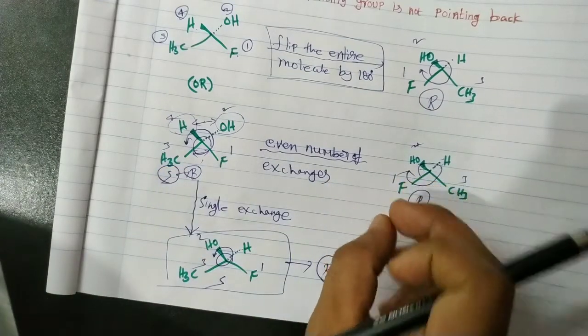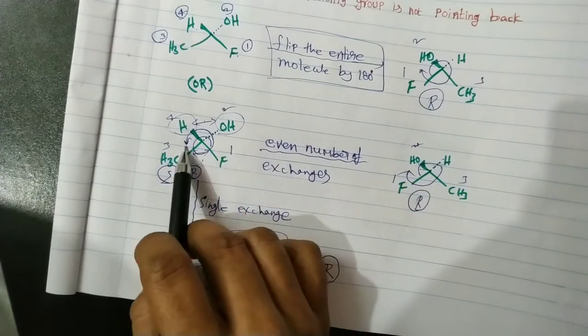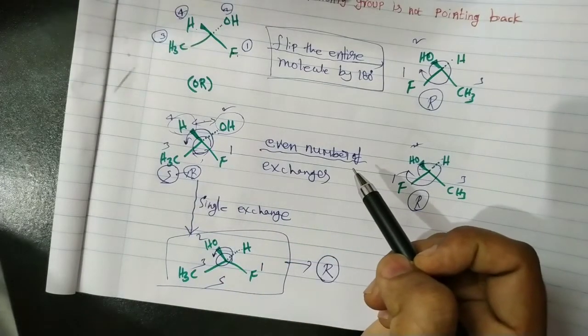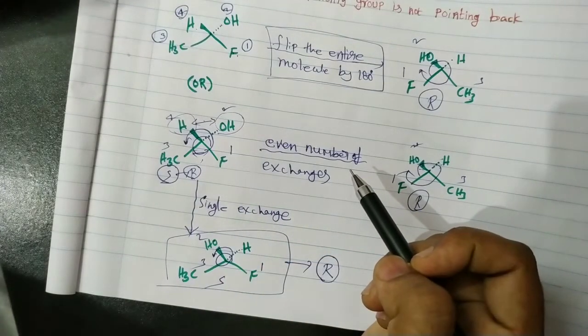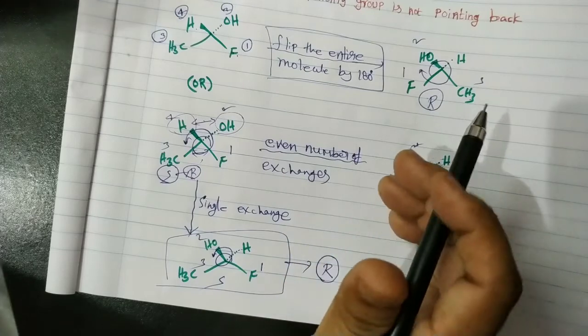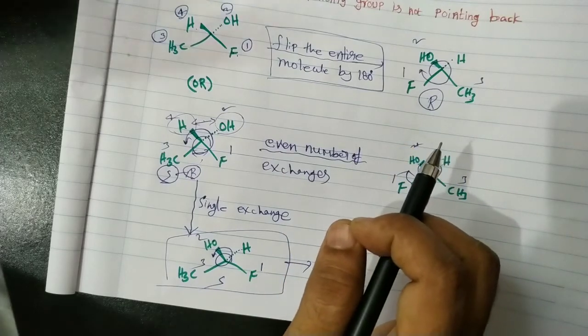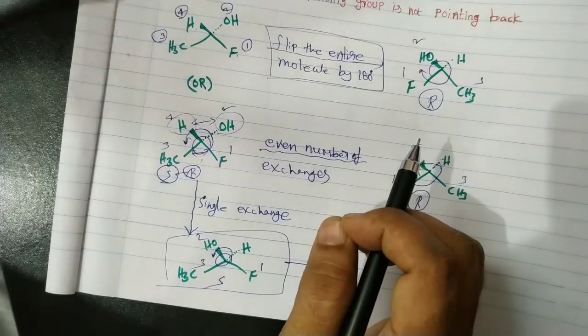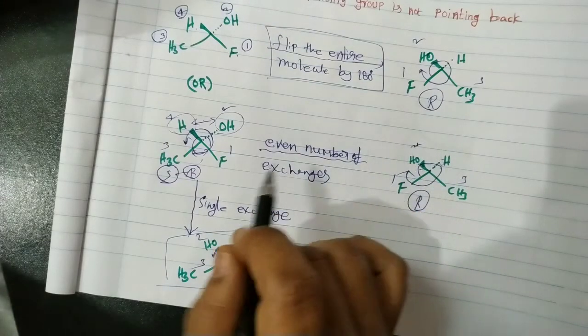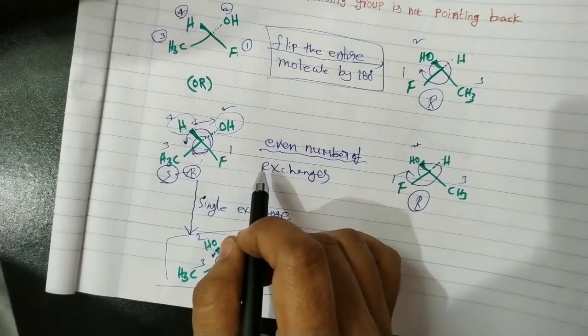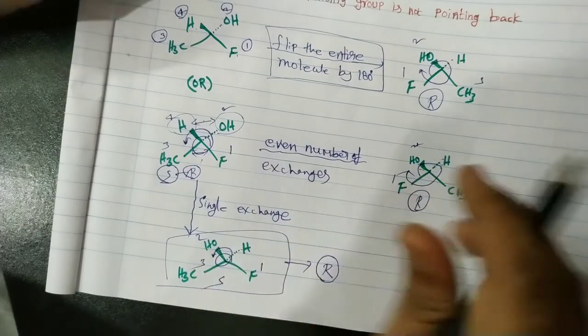That's why it's better to proceed with an even number of exchanges or with the flipping of the molecule. The easiest and safest way to give the RS configuration is an even number of exchanges. Okay, that's it. Now here are some more examples.